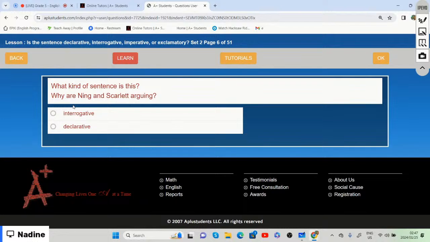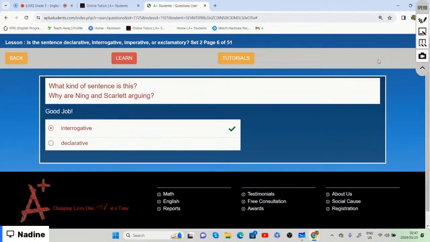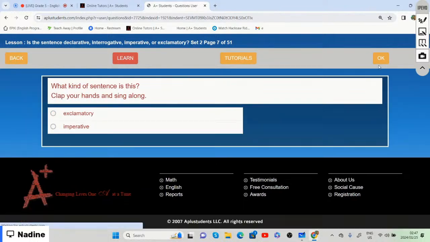And if we were to choose the correct answer, we would say it is an interrogative sentence because it's asking a question. All right, so well done. Well done, everybody.